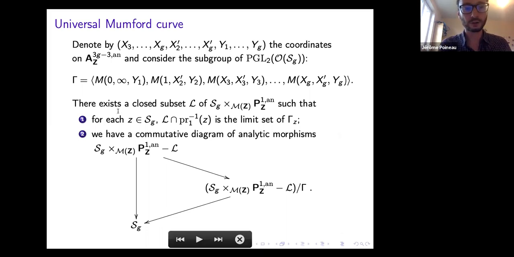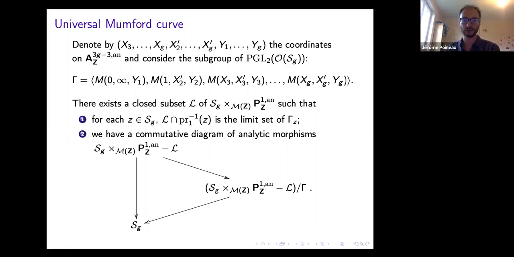And on this open space, you have some kind of a universal Schottky group defined. So it's a free group, defined in the third line of my slide. And this group acts in a free and properly discontinuous way on this space. If you look at the quotient, you find the Mumford curves and the Riemann surfaces that were Schottky uniformized.